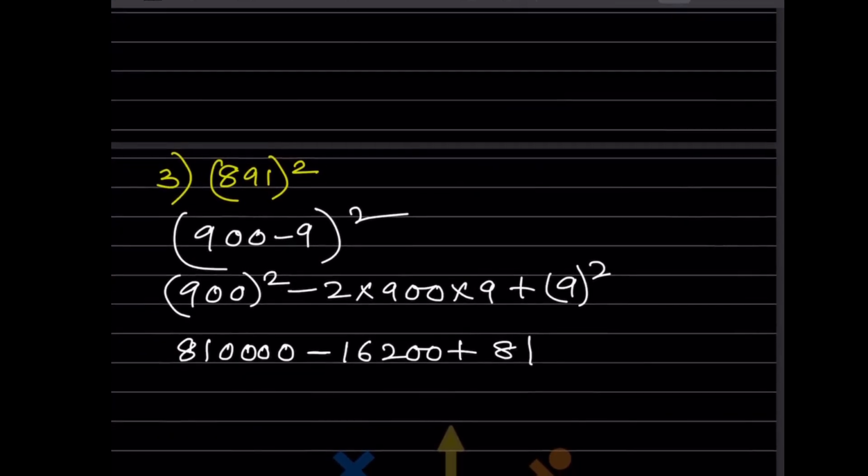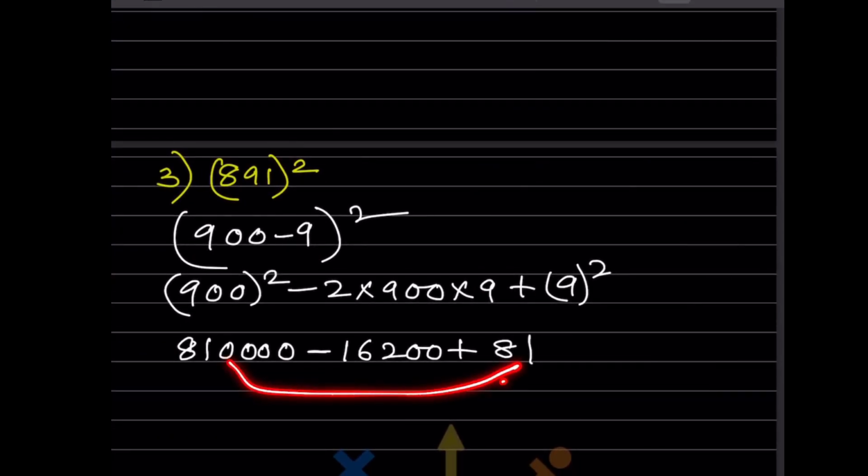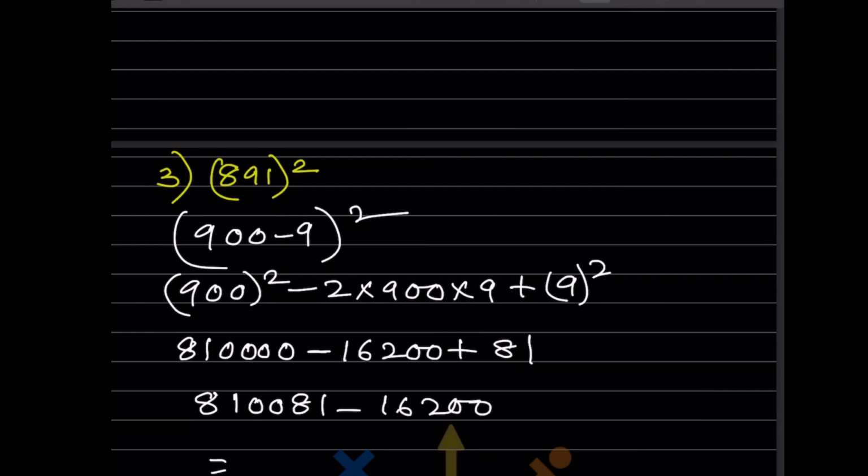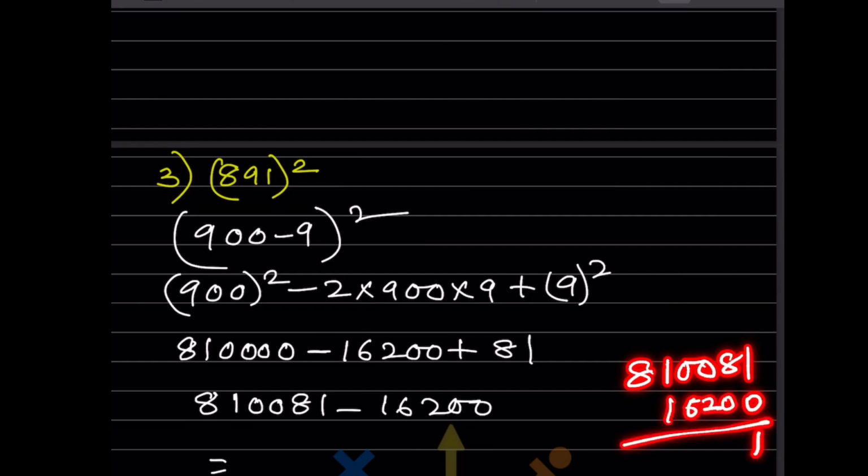So now when you add this together, whatever answer you get, you are going to subtract this from that. Or you can also do one step over here, 18,000, here you are going to put 2 zeros and 81 minus 16,200, and that is going to be 793881.